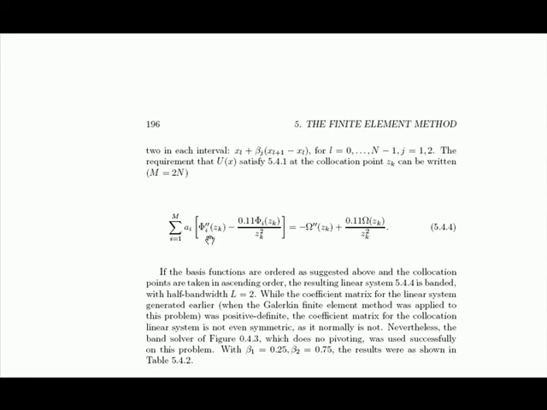That means, for example, if we tried to use the chapeau functions, the hat or tent functions of section 5.2, for a collocation method, it couldn't possibly work, because those all have 0 second derivatives at the collocation points, and these would be identically 0.